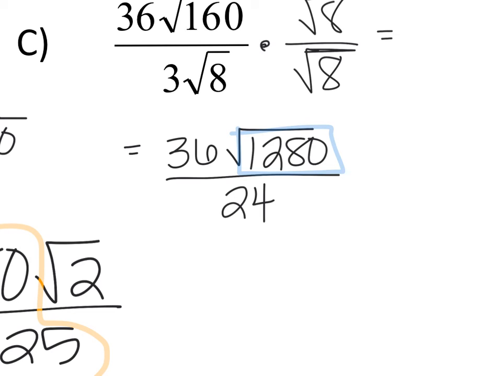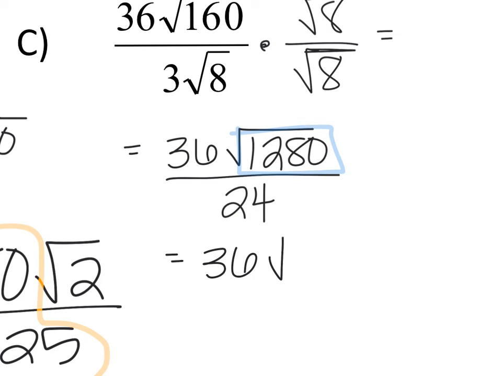Okay, so let's break it down, because the first number I noticed that went in there pretty evenly was 64. And that's a perfect square. So we're going to go ahead.